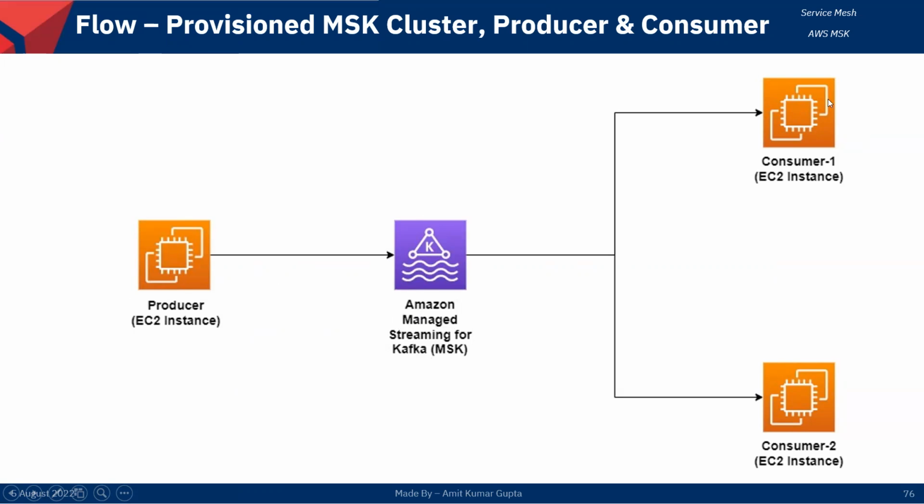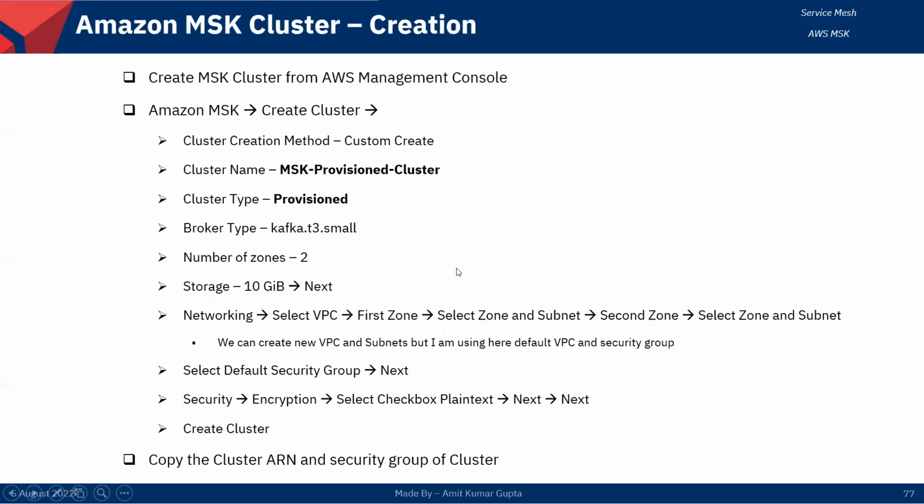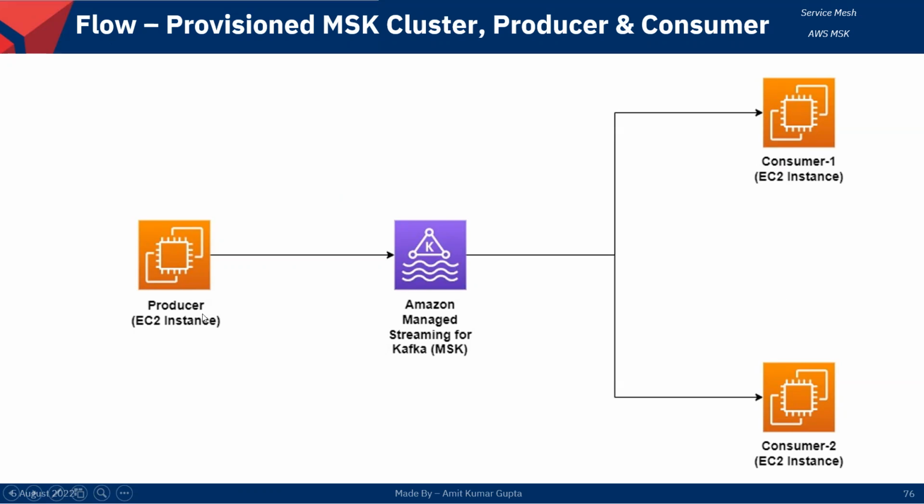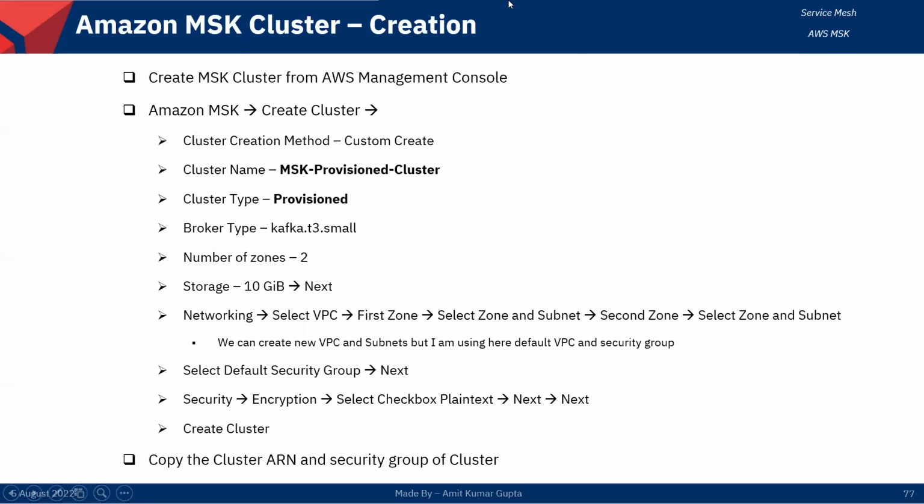We will also create two consumer EC2 instances, and those instances will consume these messages from Amazon Kafka. So basically, we will create three EC2 instances and one Kafka cluster, right? First step, we will go and create the MSK cluster, and let me create it, then I will explain this slide.